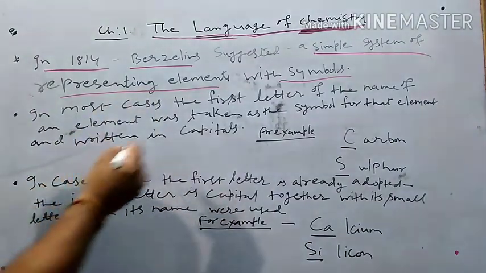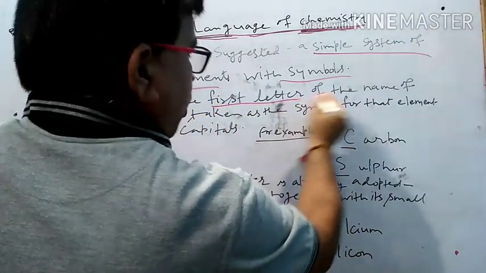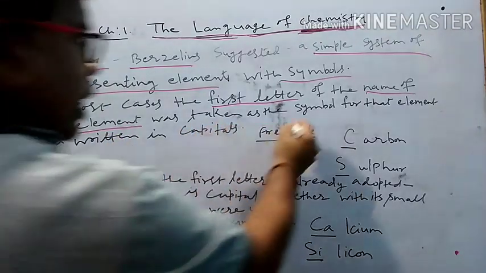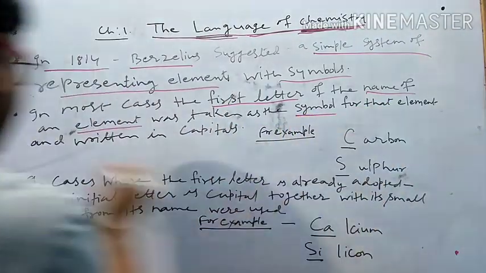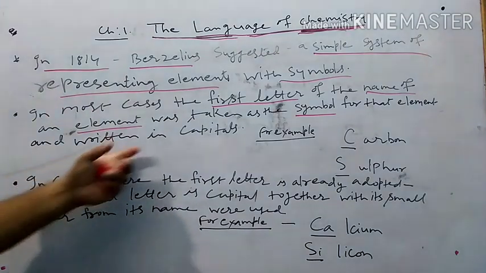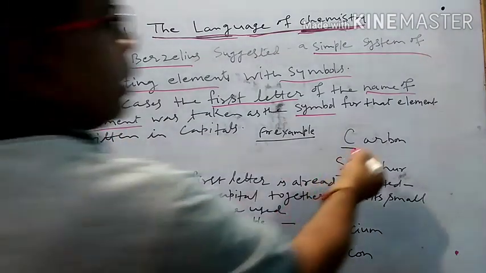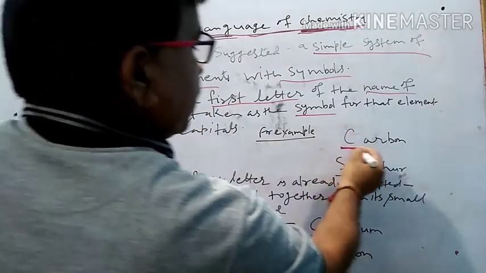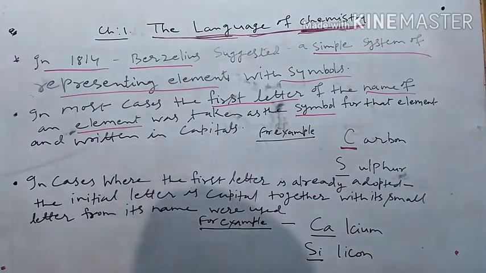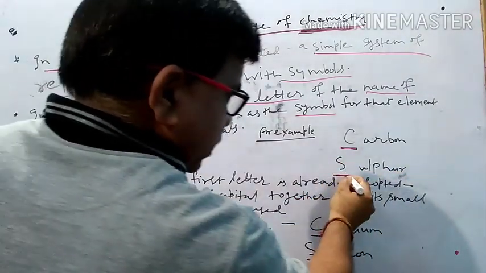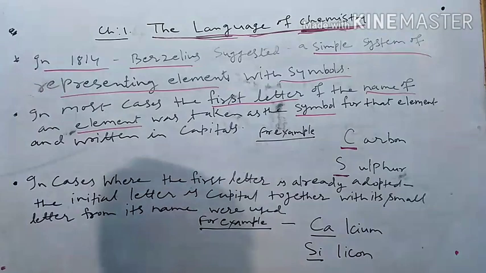In most cases, the first letter of the name of an element was taken as the symbol for that element and written as a capital. For example, carbon: its first letter is C, written in capital. Sulfur: first letter is S. So S is the symbol of sulfur.